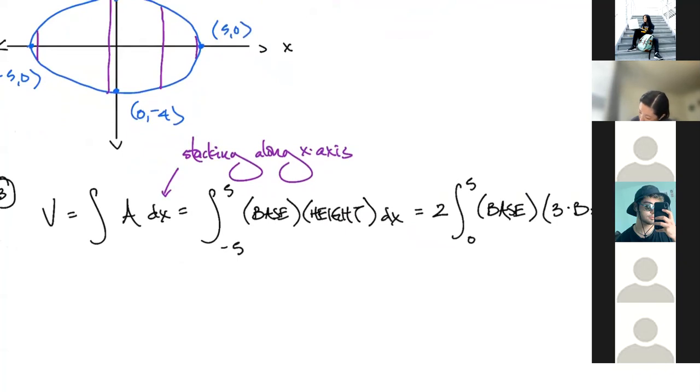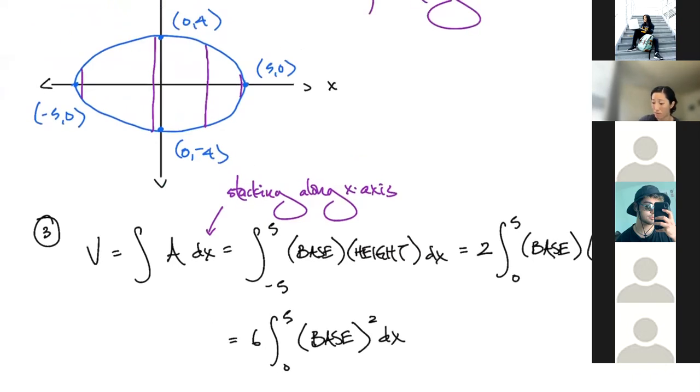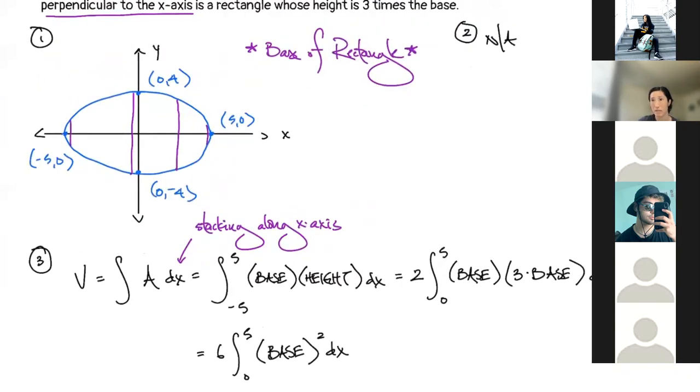so let's see. We pull out all the constants. I now get a 6, the integral from 0 to 5 of base times base or base squared dx. Okay. So now we have to figure out an equation for the base. So we have to figure out an equation to represent this purple line or any of the purple lines.